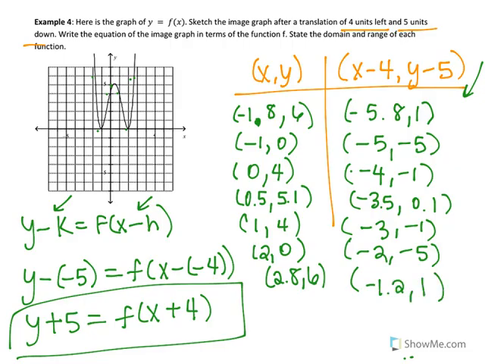So we're going to graph all of these points, and you can follow along, or you can use the counting method where you just count 4 left, 5 down. So 1, 2, 3, 4, 1, 2, 3, 4, 5.